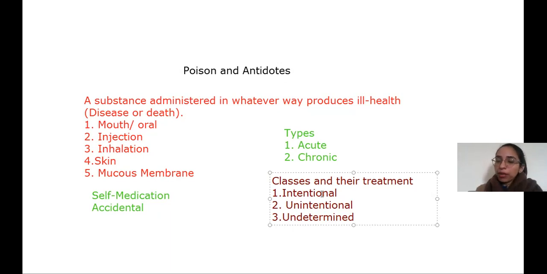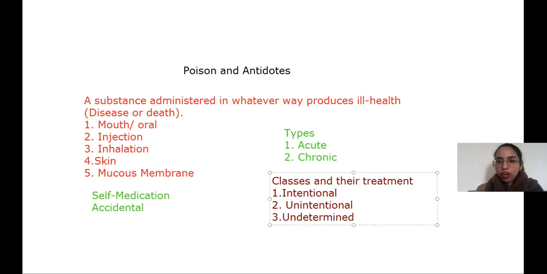And undetermined means when the distinction between intentional and unintentional is not clear, for example, poisoning due to ingestion of pesticide or insecticide. I think it is clear to everyone.